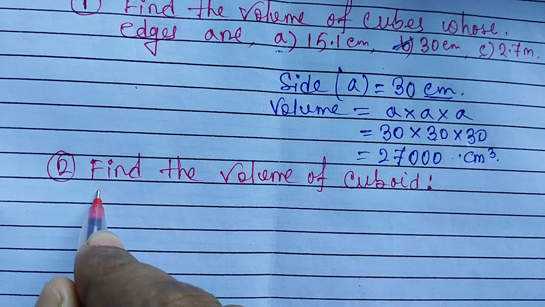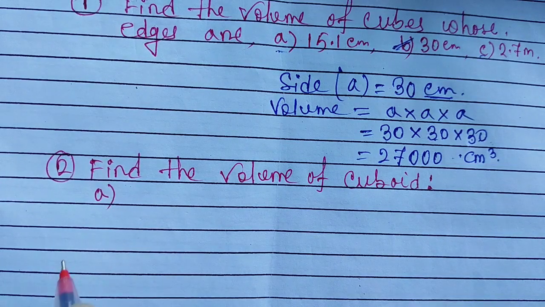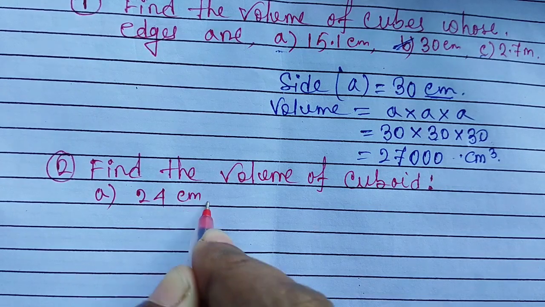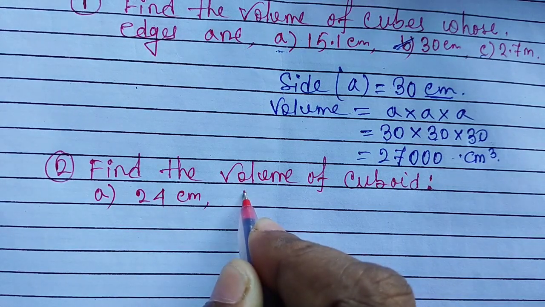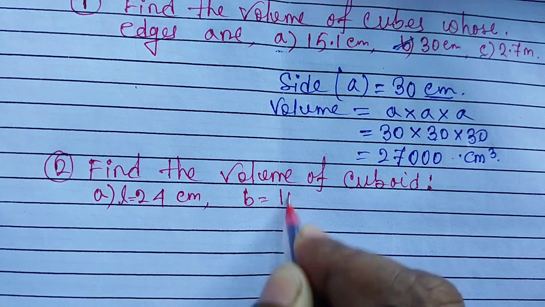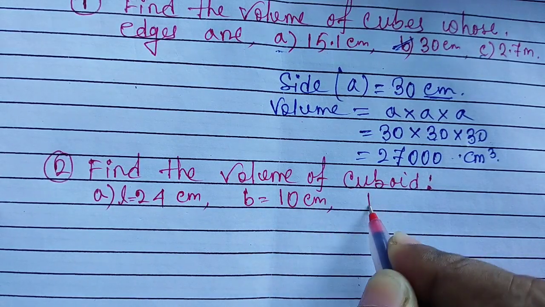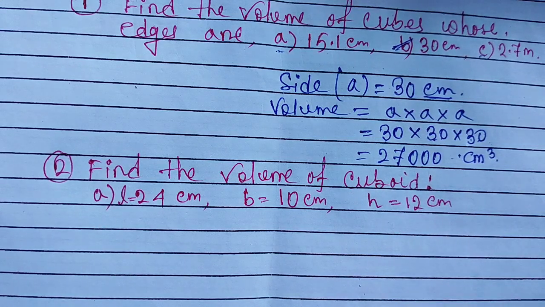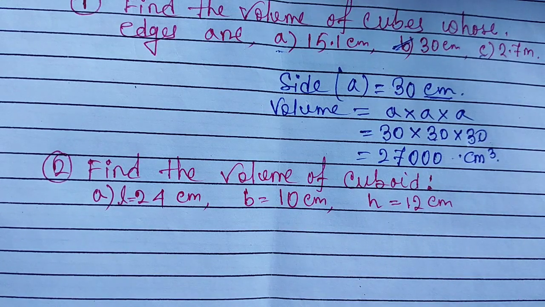First, the given dimension is A, 24 centimeter. Think that this is the length, breadth is equal to 10 centimeter and height is equal to 12 centimeter. So you have to find the volume of the cuboid.